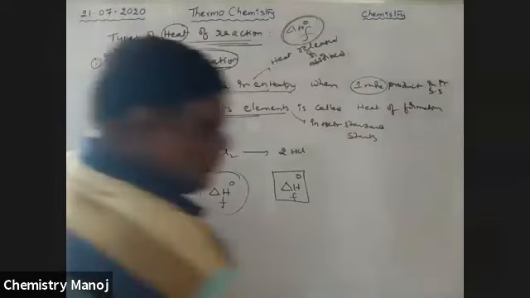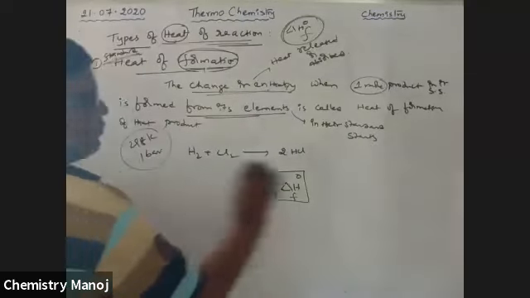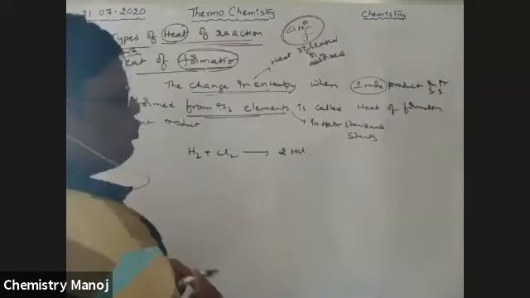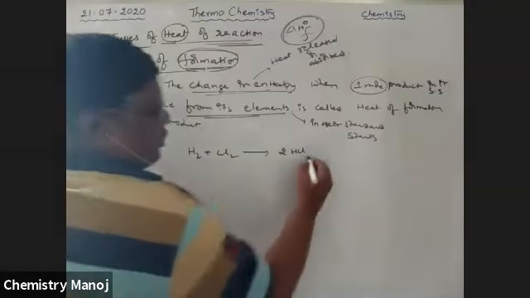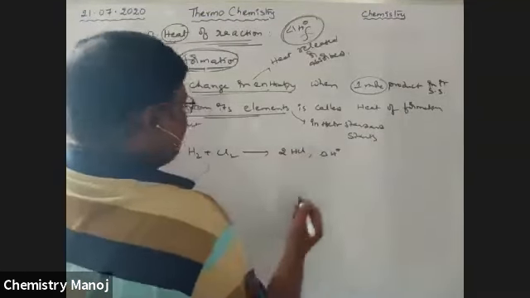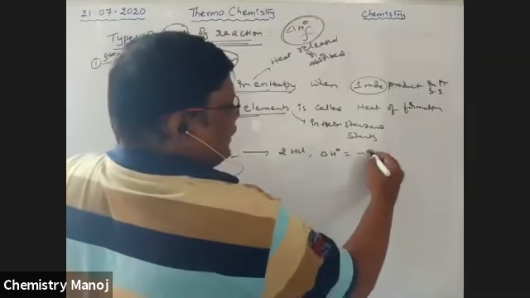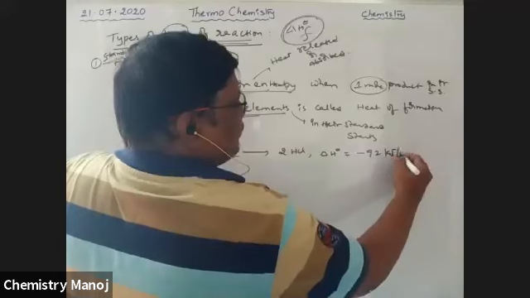Okay, so see here. H2 plus Cl2 gives 2HCl. This is the reaction. During this process, delta H naught is equal to minus 92 kilojoule per mole.